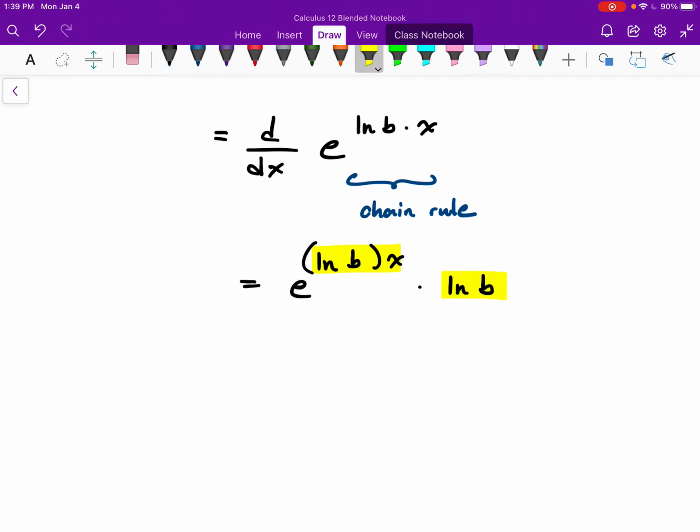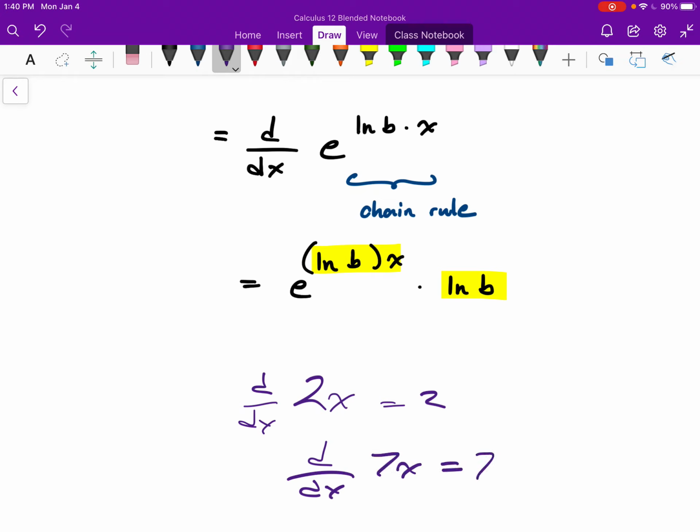And again, if that seems kind of strange, keep in mind if it was 2 times x, the derivative of 2 times x is 2. The derivative of 7 times x is 7. And so the derivative of ln b times x is ln b. ln b, again, is a constant value.